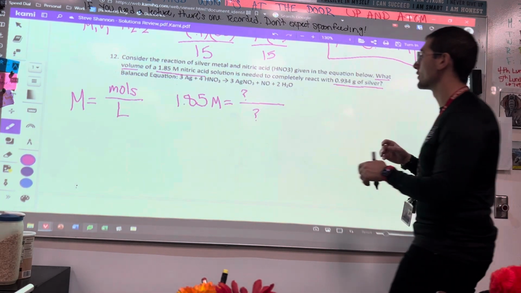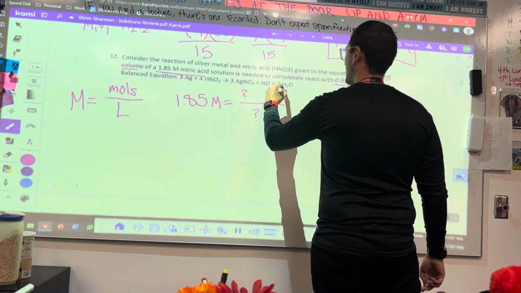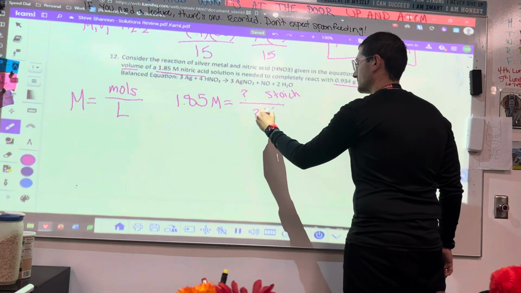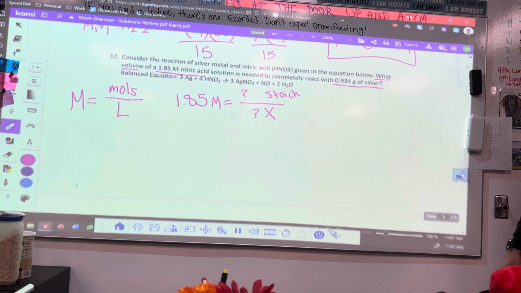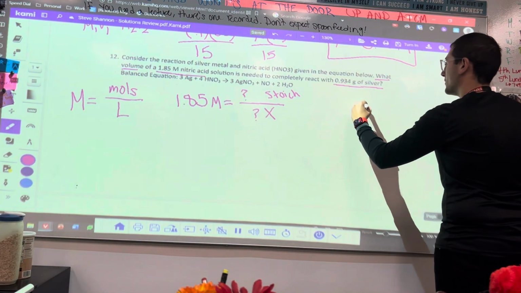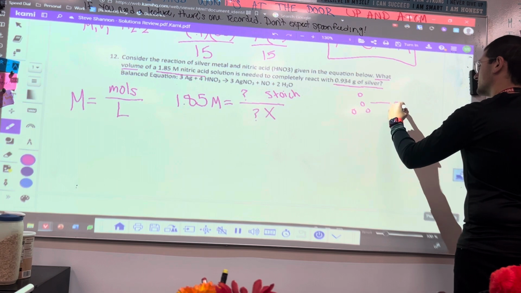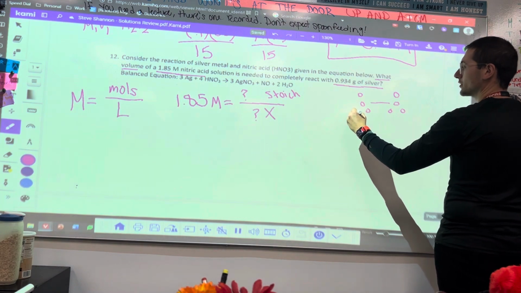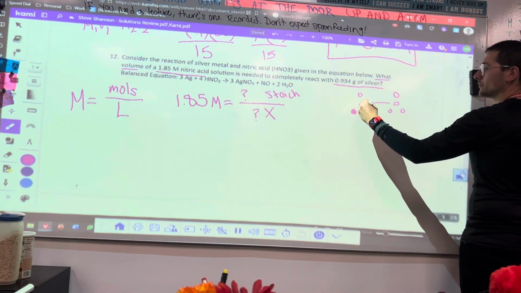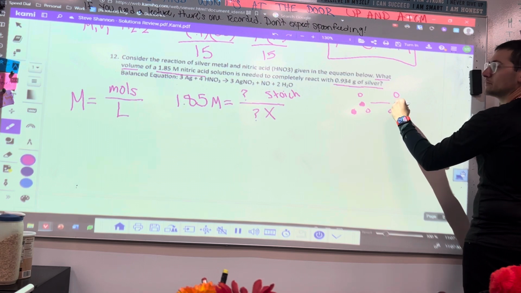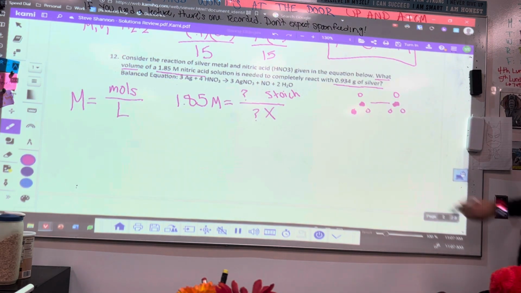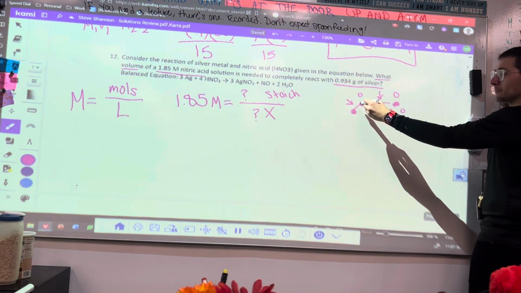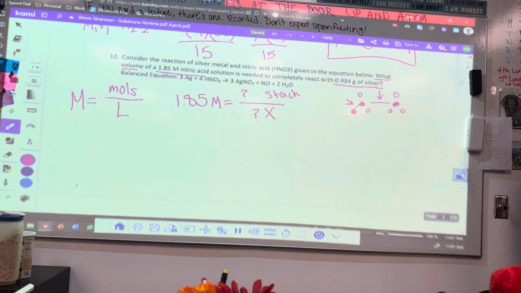So here we go. First, I have to do stoich here, and then I'll be able to use algebra to solve for x here. So what I have to do is get my mole map, and I have to go from grams of silver to moles of silver to moles of nitric acid. This is a two-step problem. I'm going to need the molar mass of silver, and I'm going to need the balanced chemical equation.